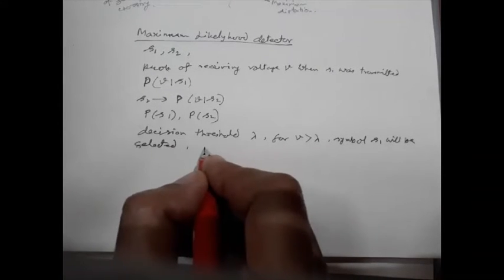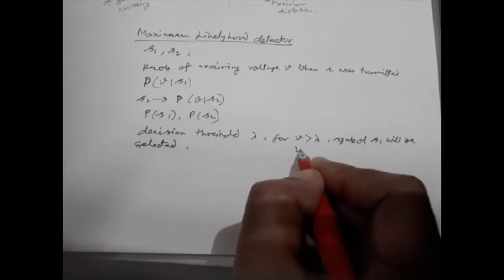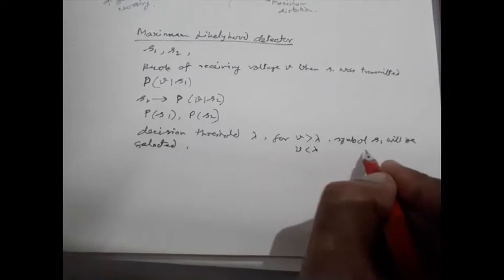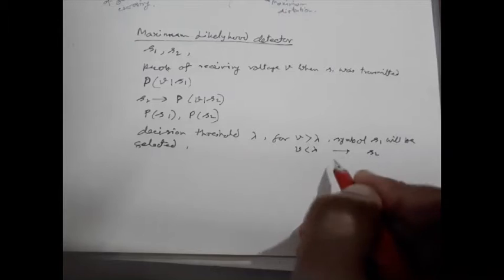And for V less than lambda, symbol S2 will be selected.